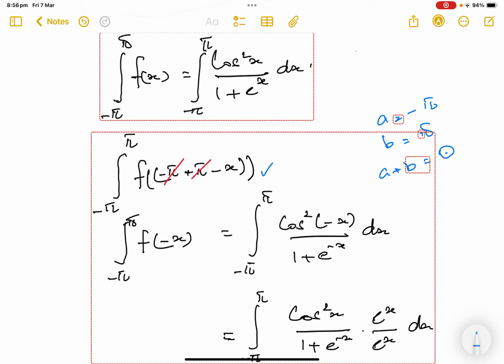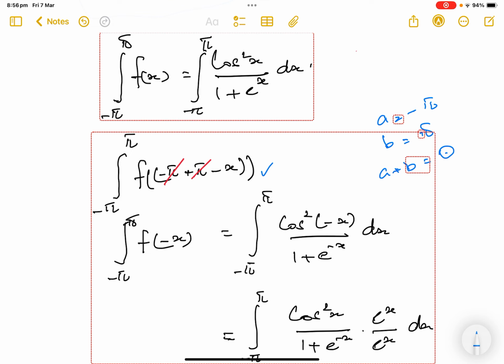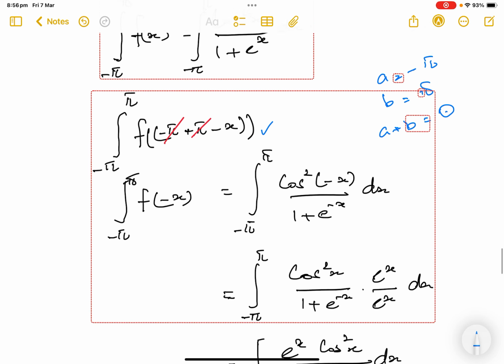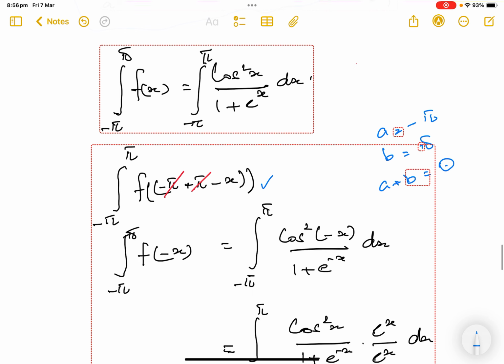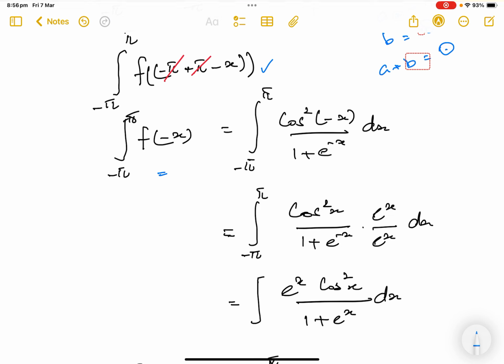So if we could substitute -x for x in that given function, cos squared x over 1 plus e to the x, then we are on the right way, and then we have to prove it. So that is equal to the integral from -pi to pi, that's the limit, of cos squared(-x). All I'm doing is just using the right-hand side of the given formula. So instead of x, we just substitute -x: cos squared(-x) over 1 plus e to the power -x.